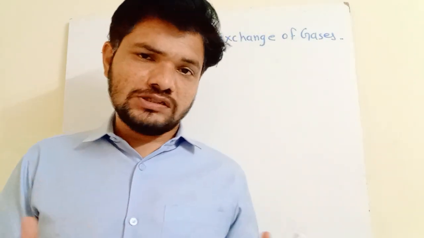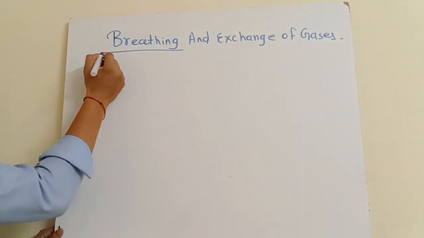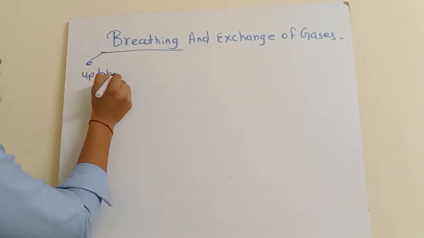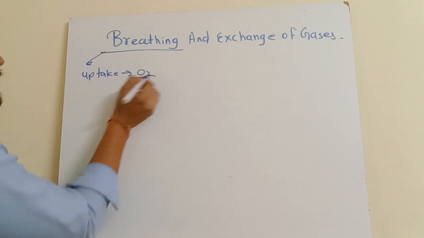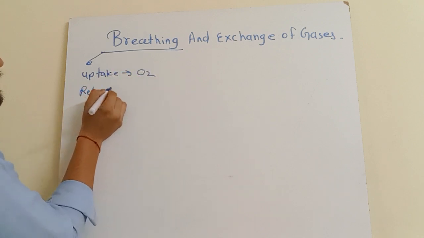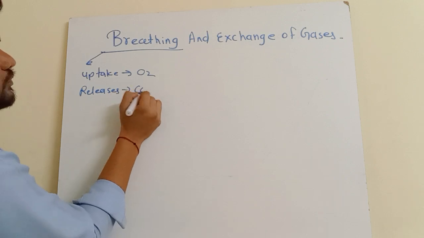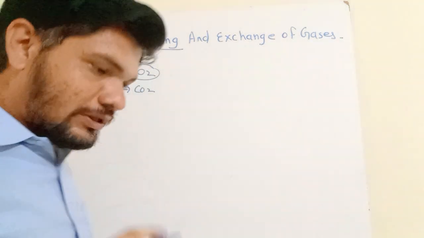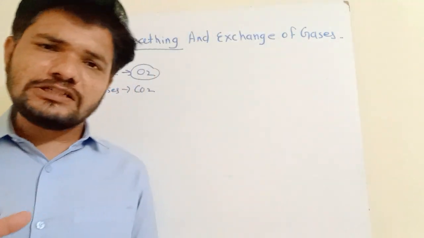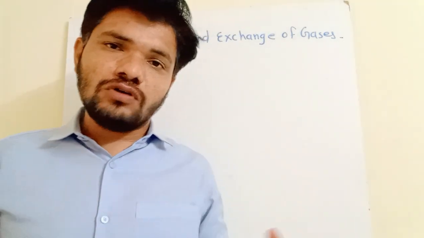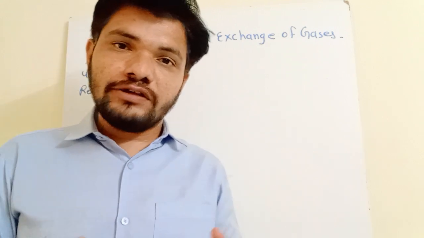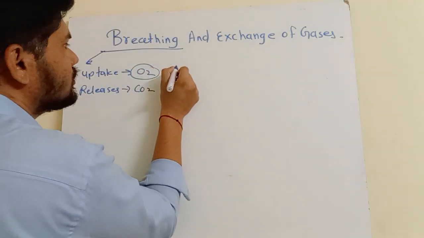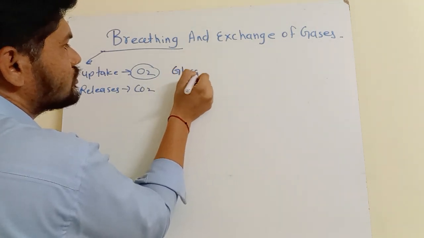So why do we need oxygen? In breathing, we take up O2 and release CO2. So why do we need this oxygen? We all know that our respiration process involves the breakdown of simple molecules like glucose.